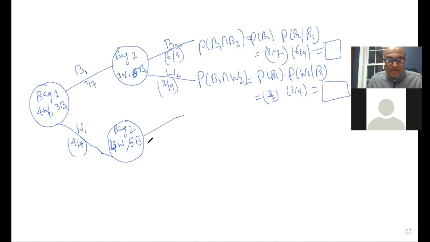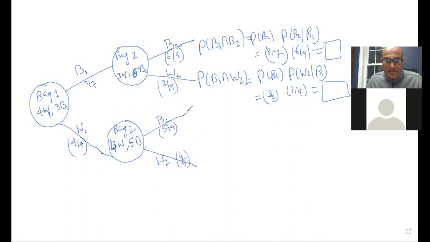Same thing will happen over here too. Suppose you have a black ball here. There are 5 black balls, so the probability is 5 by 9. And suppose it is a white ball, so the probability will be 4 by 9.